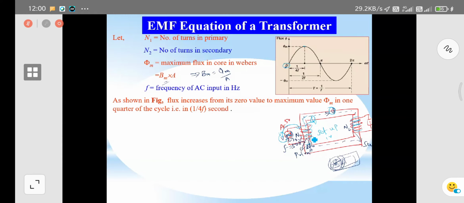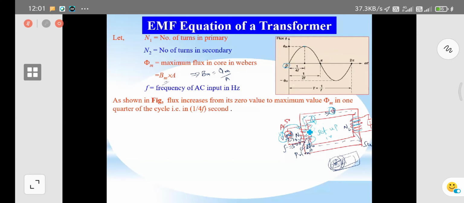So an alternating or sinusoidal voltage is applied to the primary winding, and a sinusoidal flux will be set up in the core, which links with both the primary and secondary windings.